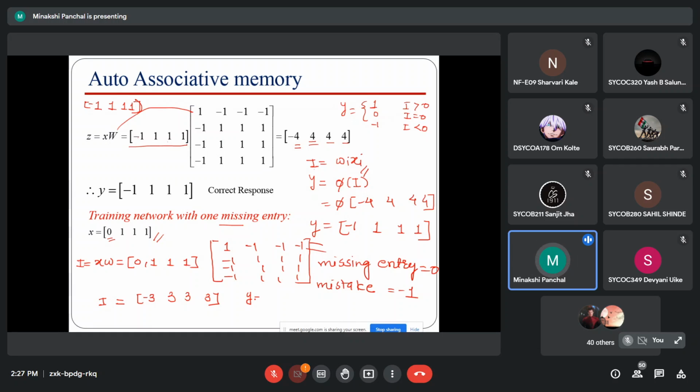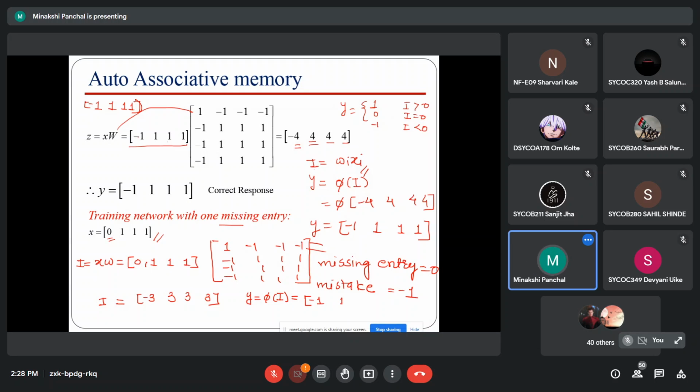How am I finding this? By applying the activation function. What will you get? -3. Applying the activation function, I is less than 0, so what will the output be? -1. Now +3: I is greater than 0.